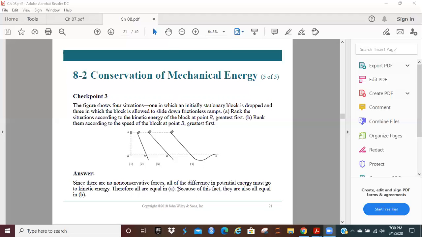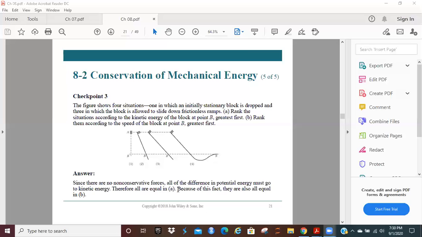So as the block falls, be it on one of the ramps or just in free fall without a ramp, in order to rank the situations according to the kinetic energy of each block at point B, each one of them is going to have the same energy at that point.